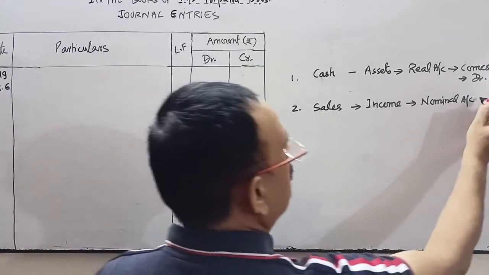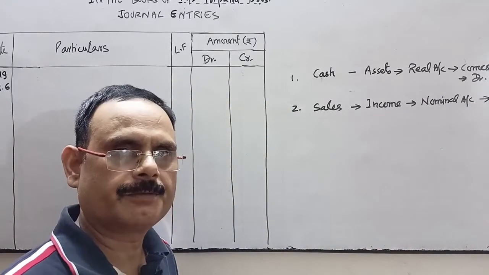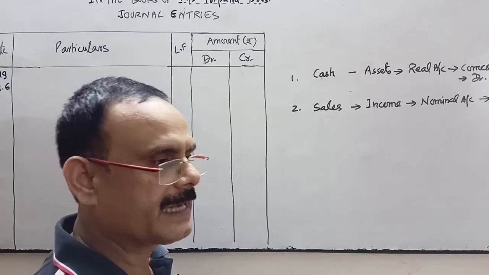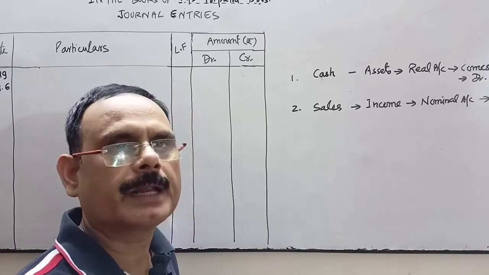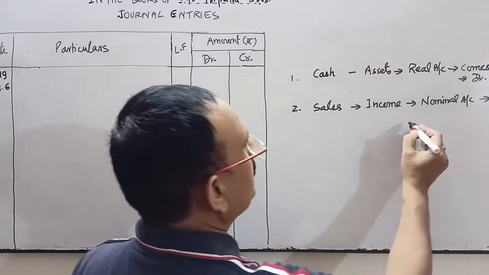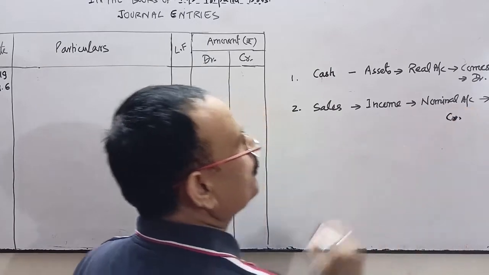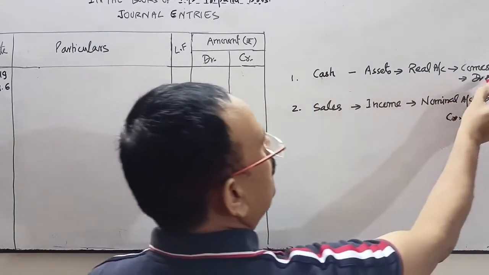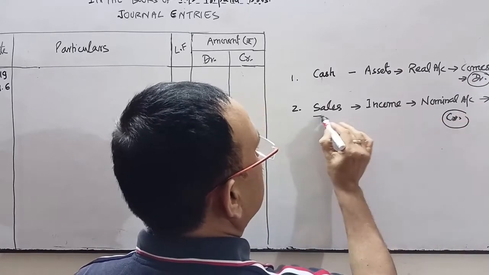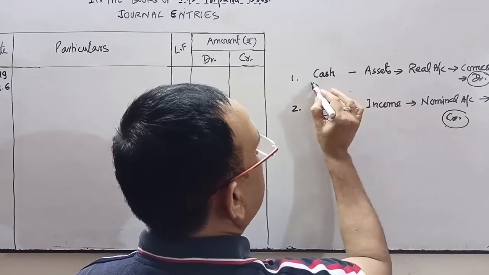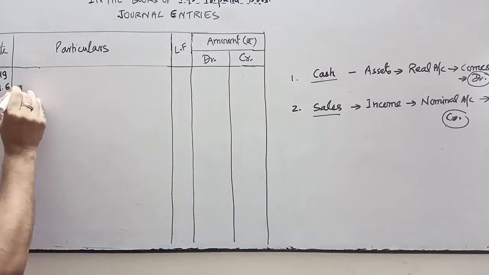The rule of nominal account: all expenses and losses are debited and all incomes and gains are credited. Sales is our income, our revenue, so it is credited. So the cash account will be debited and the sales account credited. So the entry will be cash account debit.